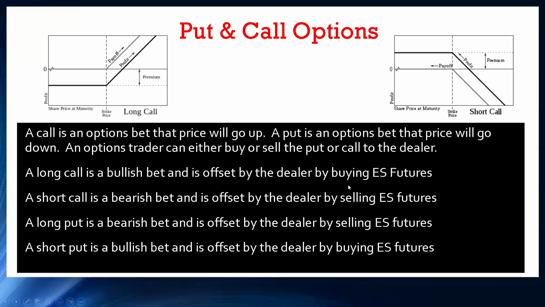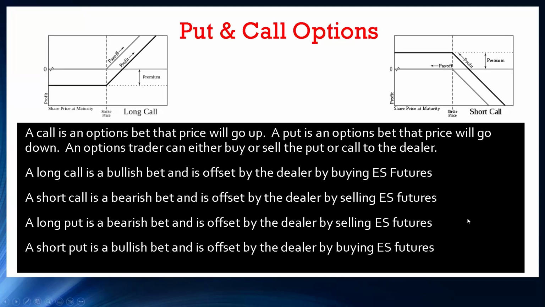That is what this slide is illustrating: what is going to happen and how a dealer is going to offset that. If you buy a long call, he's going to offset that by buying ES futures. If you short a put, he's also going to offset that by buying ES futures.